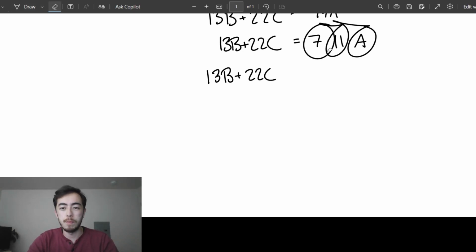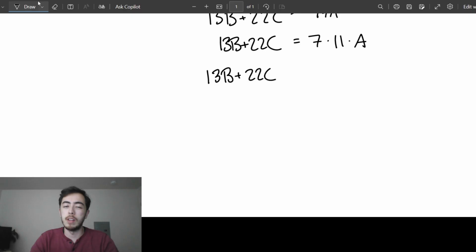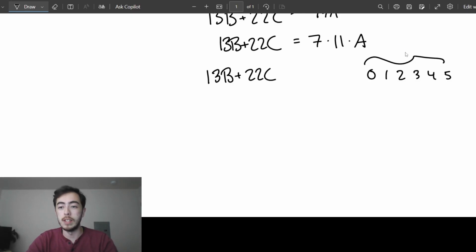Essentially, the basis of modular arithmetic is cycling through the numbers. So let's say we're in mod 6 for a sec. We can count all the way up to 5. Here are our 6 total digits, hence the name mod 6. But once we try to get to the number 6, we actually just cycle back down to the number 0.